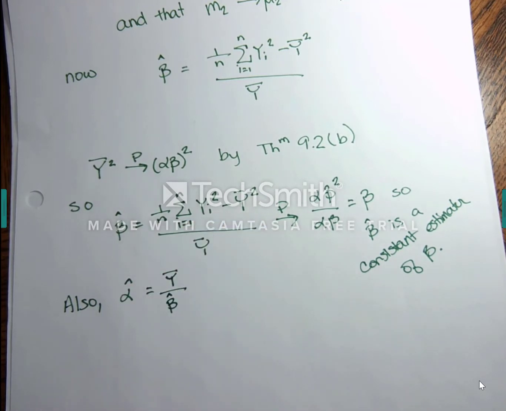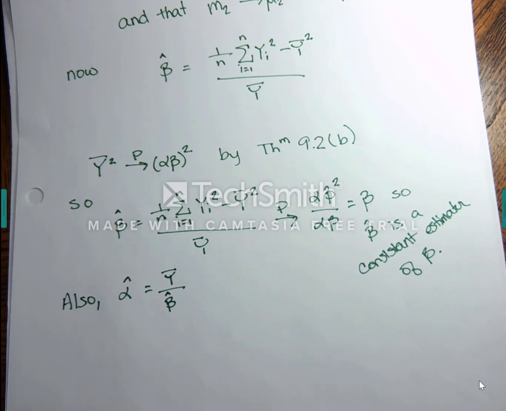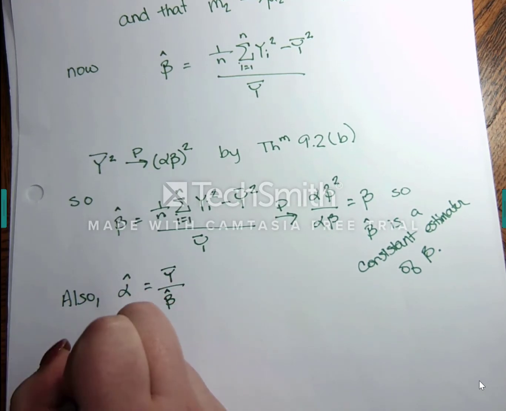Now notice we've already shown that beta hat converges in probability, and we've already shown that y bar converges in probability, so again we're going to use that theorem 9.2.